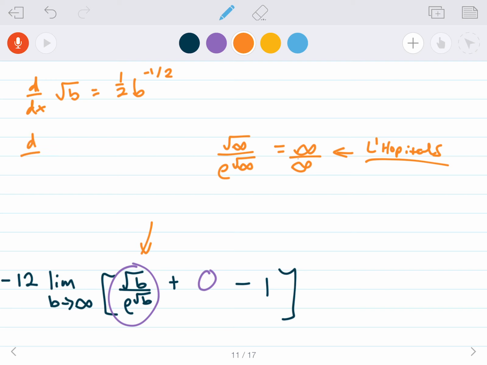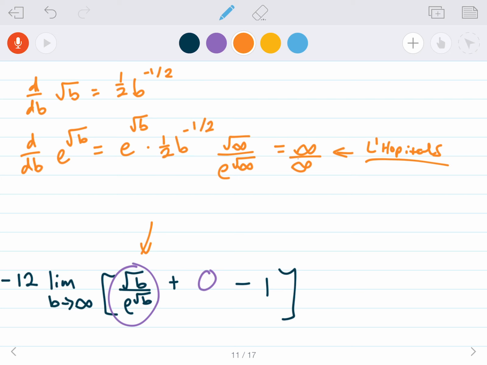Then I take the derivative of the denominator, with respect to b. I have to use the chain rule. So this is e to the square root of b times the derivative of the inner function, square root of b, which we just found is 1/2 b to the negative 1/2.